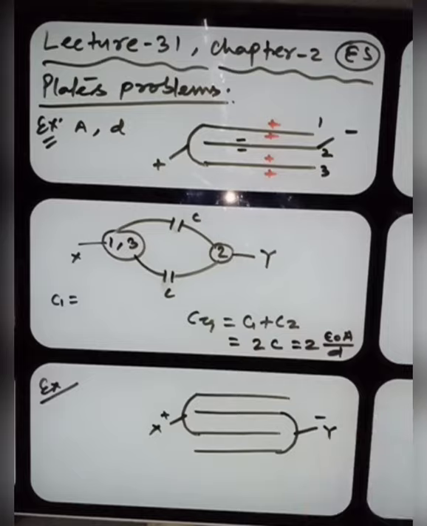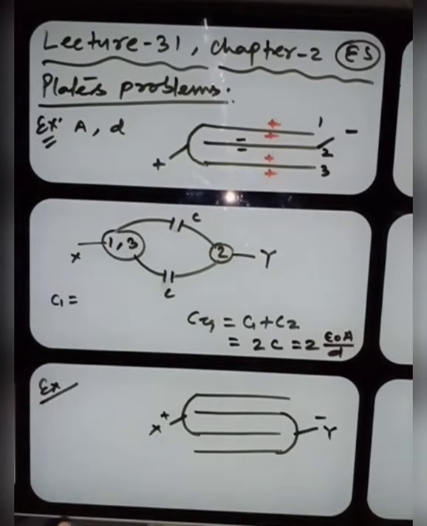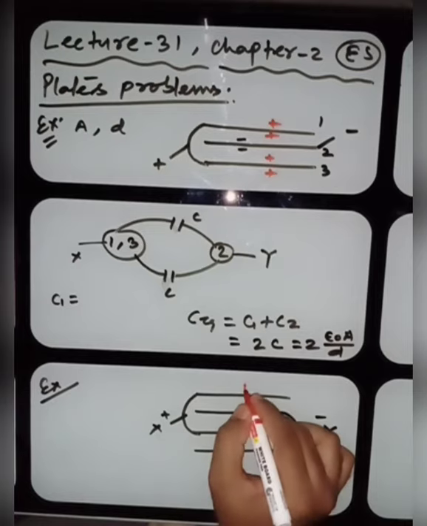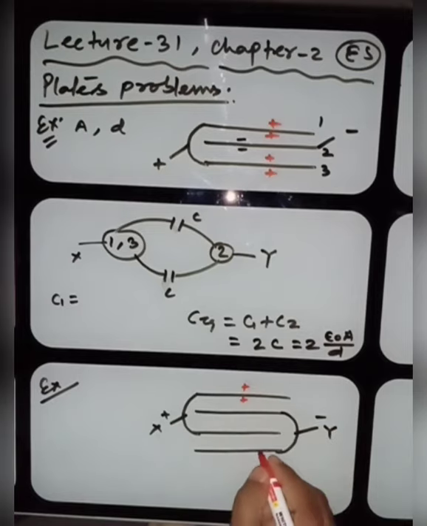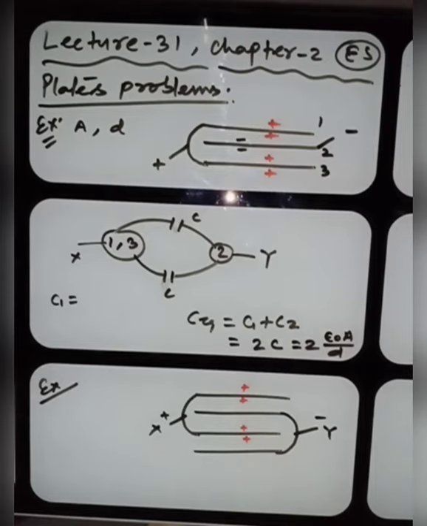You can take any one, positive or negative, here also you can take any one. The answer will be the same. Remember, the answer is not going to change my dear students. Now you have to give the numbering 1 to 4 and then positive and negative. This is positively charged, so plus plus, and here plus and plus. Now the negative ones: here negative and negative, and here negative and negative.